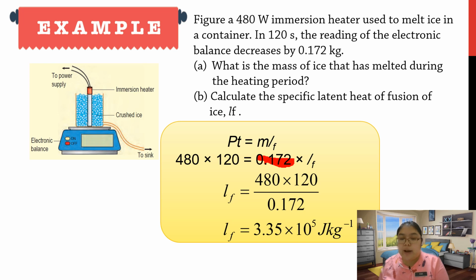You need to find the latent heat of fusion. So we take 0.172 and divide. The final answer is 3.35 × 10^5 joules per kilogram. That is the latent heat of fusion of the ice.